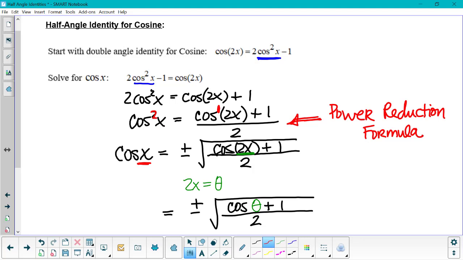Well, if theta is 2x, then if I divide both sides by 2, x is half of theta. Just doing a little algebra there. So on the left-hand side, I can rewrite that as the cosine of theta divided by 2. We're kind of going backwards, really.